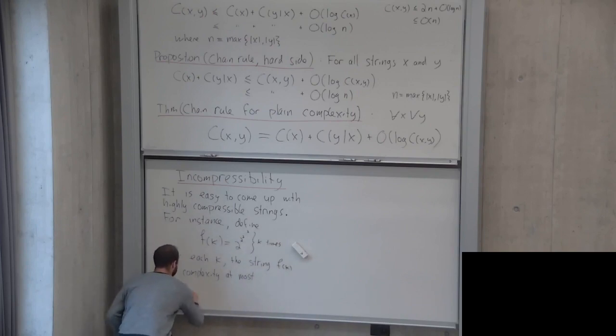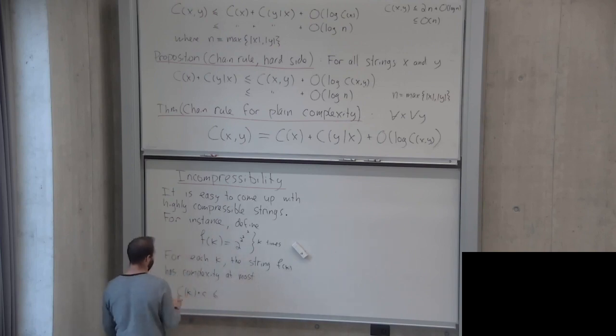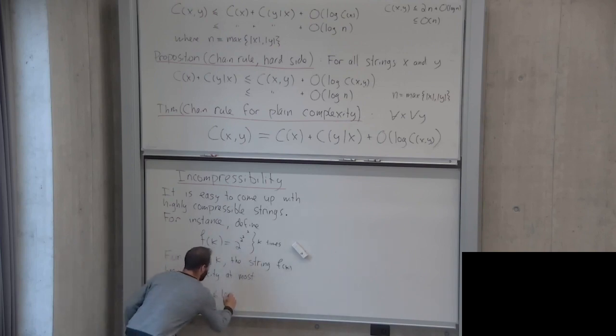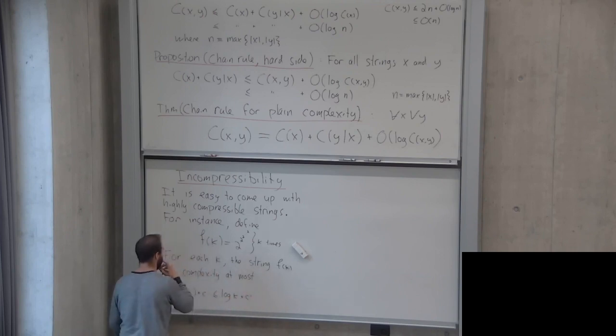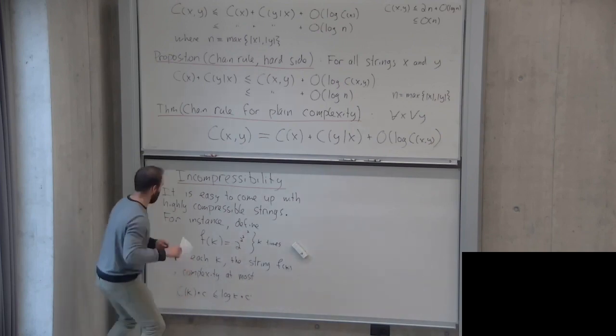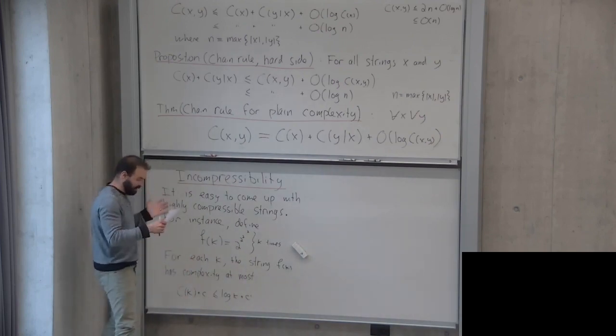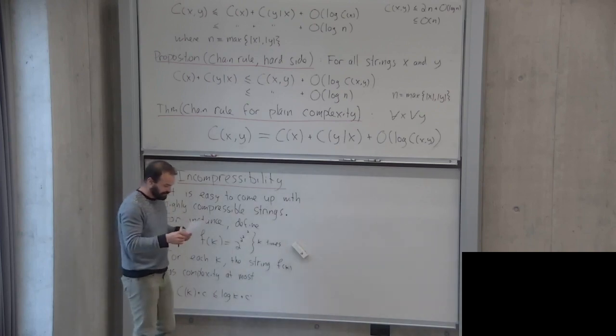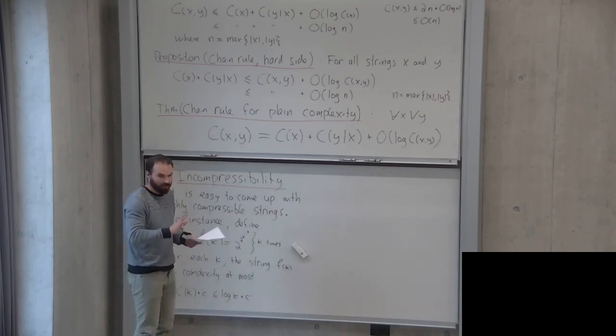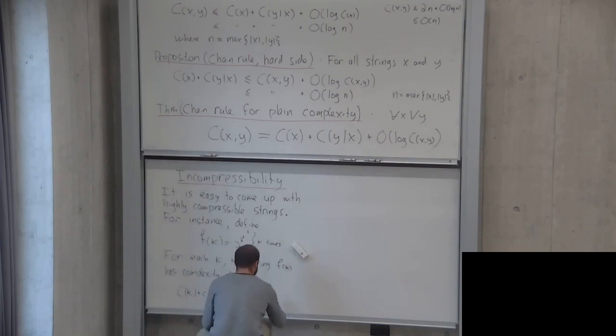And c of k plus little c is smaller or equal to log of k plus little c prime, for c and c prime independent of k. They're independent constants.